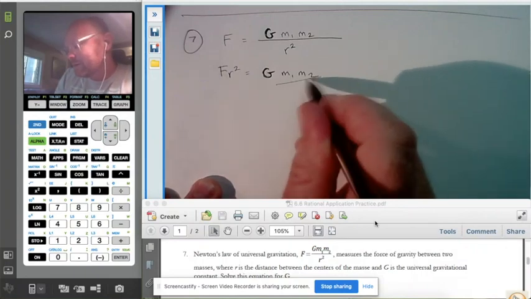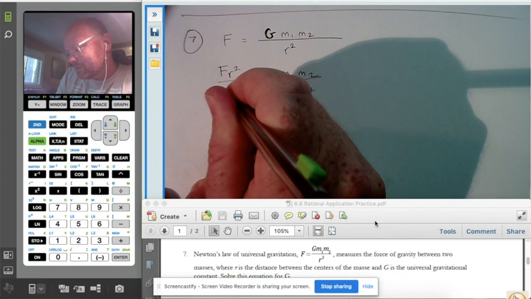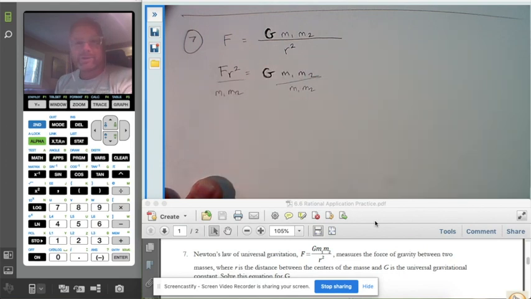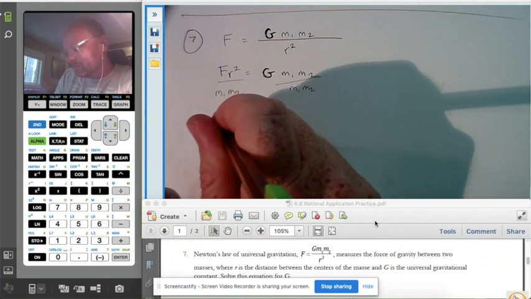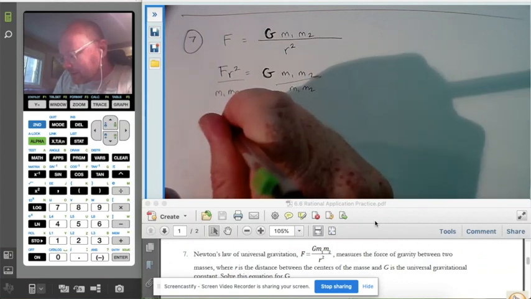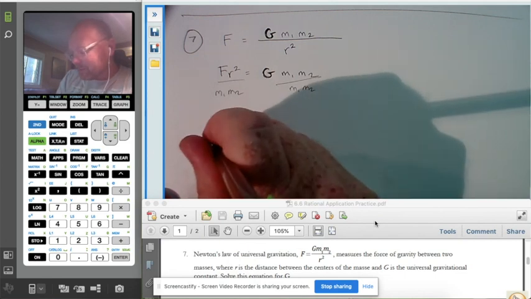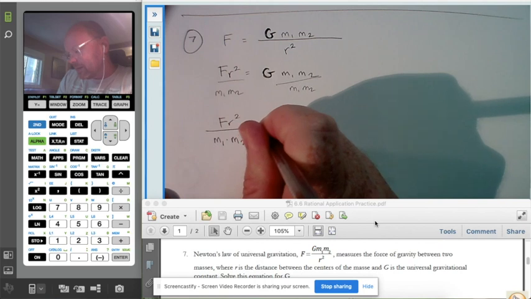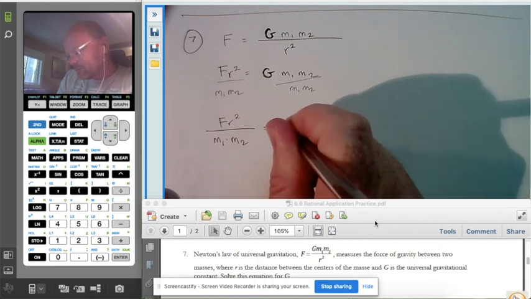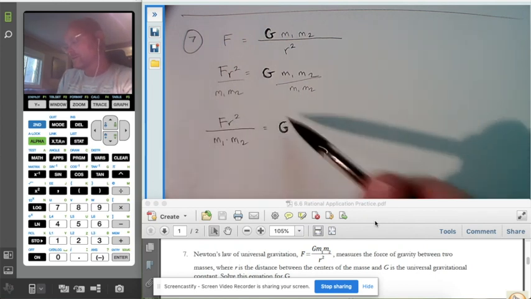What ends up shaking out of that is you have a fraction on the left: the force times the distance between the two objects squared, divided by mass 1 times mass 2. And that should be a formula for the gravitational constant that you all learned in physics.